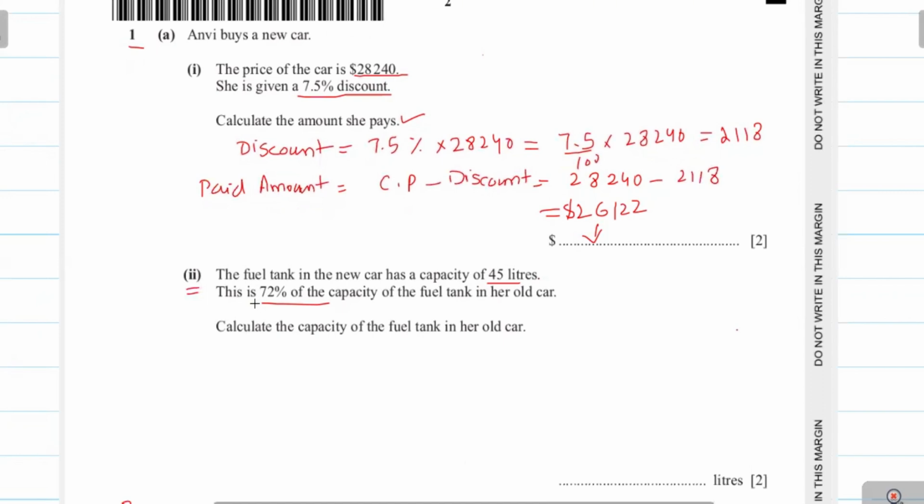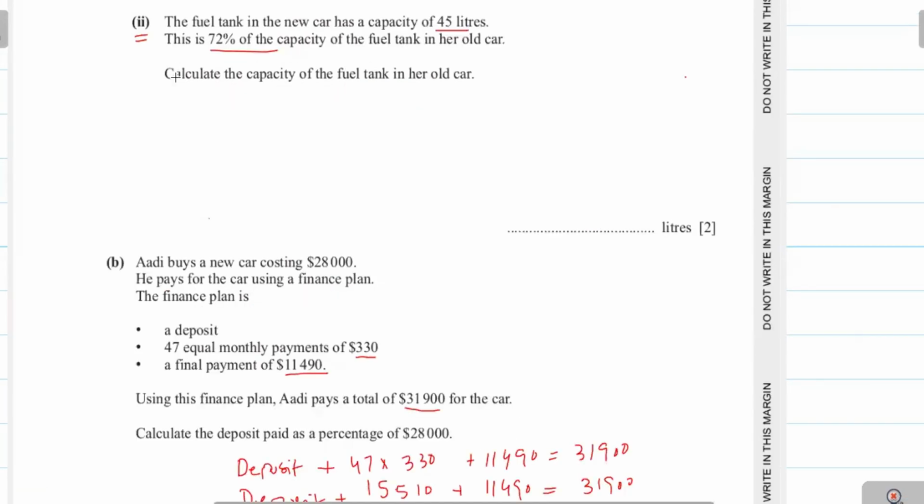Part second, the fuel tank in the new car has a capacity of 45 liters. This is 72% of the fuel tank in the old car. Calculate the capacity of the fuel tank in her old car. Look here, the capacity of the fuel in the new car is equal to 72% of the capacity of the fuel in the old car.